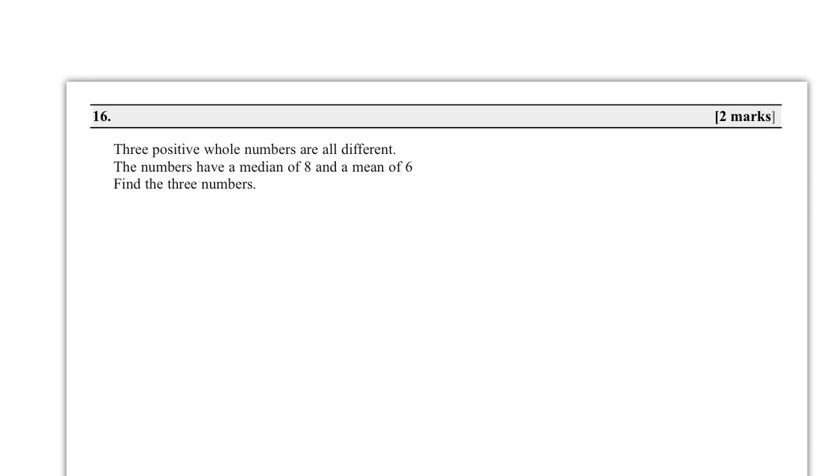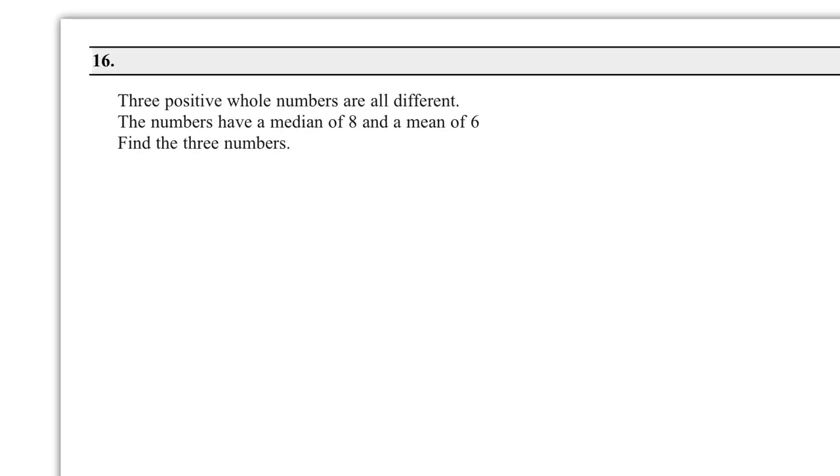Okay, question 16. Right, now what we're going to look at is some problem solving. So, three positive whole numbers are all different. The numbers have a median of 8 and a mean of 6. Right, if I've got three whole numbers, to make my life easier, I'm going to draw this. 3 lines, okay? Because now I know I have 3 numbers. Okay, so the numbers have a median of 8. What does that mean?